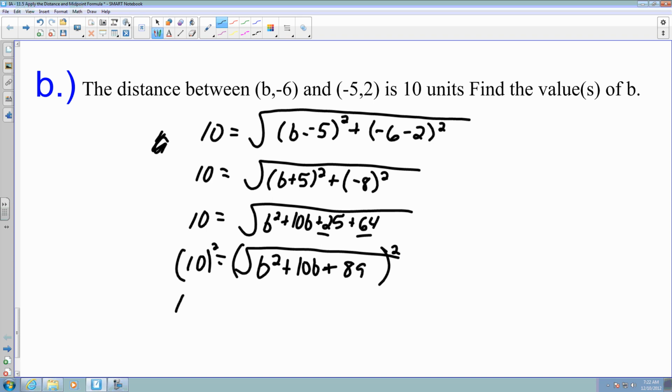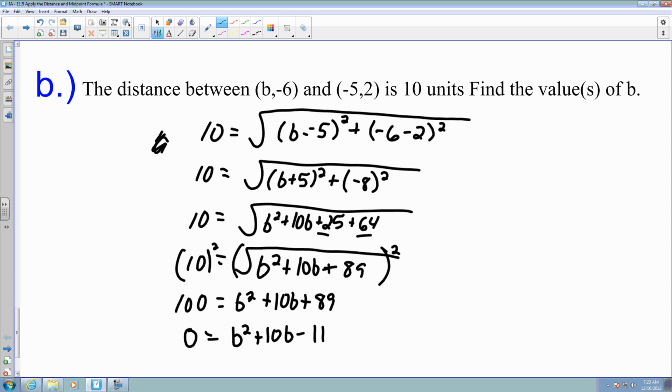So now 10 squared is 100, and the square root of b squared plus 10b plus 89 will just be b squared plus 10b plus 89. So I'm going to subtract 100 from both sides, set equal to 0. b squared plus 10b minus 11.